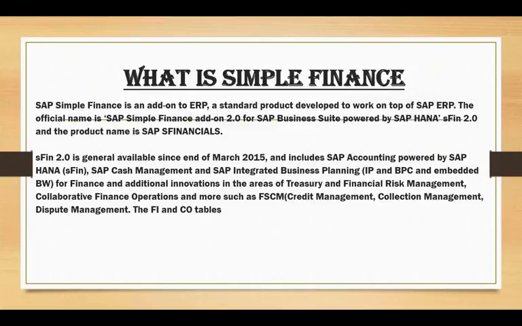You need to concentrate on FI, CO, and FSCM, which includes credit, collections, disputes, and also treasury and risk management, and cash and liquidity. These things are highly integrated in the migration of data.